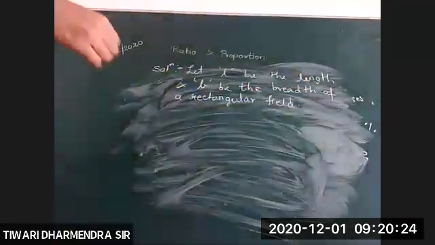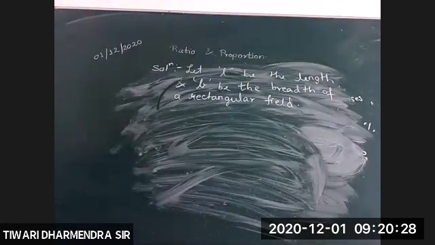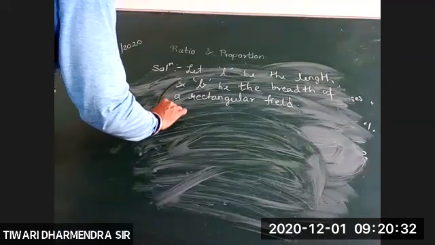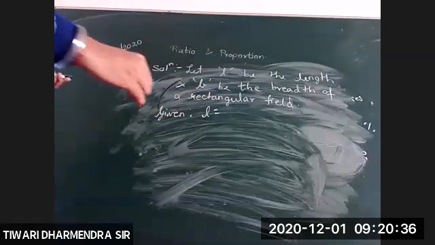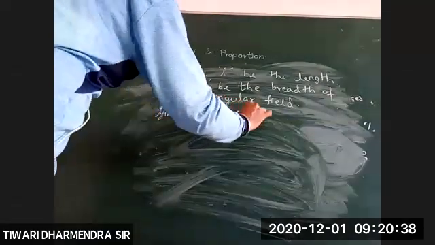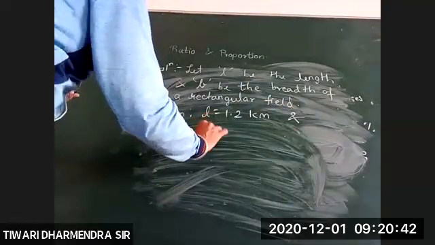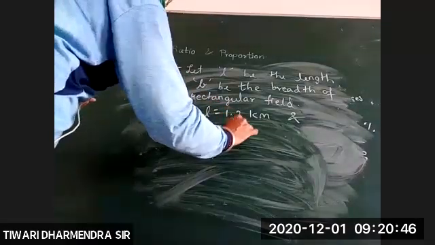Okay, so we have denoted length as small l and breadth as small b. So given l is equal to 1.2 kilometer and b equal to 400 meter.